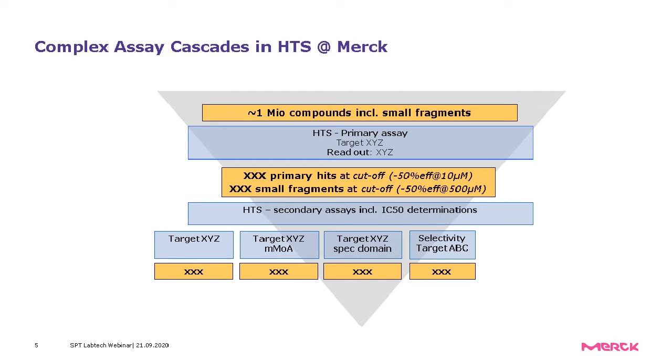Usually we want to be very selective with our compounds. This is why we include in our secondary screenings already selectivity assays. And so we run this on a different target. And we have to be sure that we are not pulling out any technical interferers here.